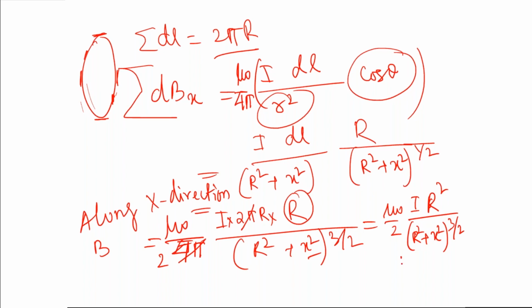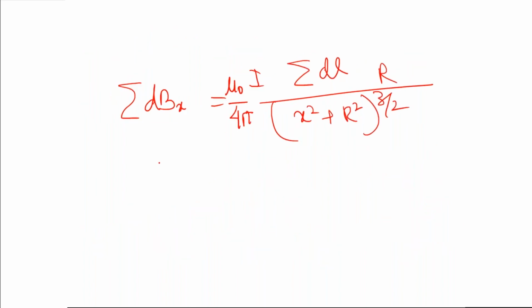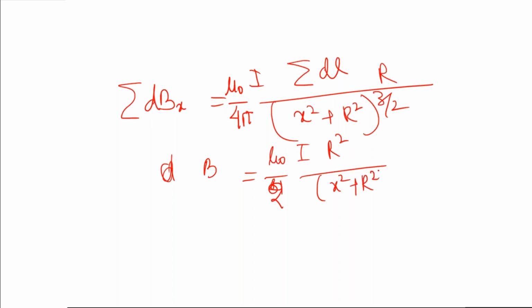Now look, sometimes they will give you a loop and ask you to find out, so here the total B is equal to mu 0 I by 2, and then R square by this factor, whole to the power 3 by 2.